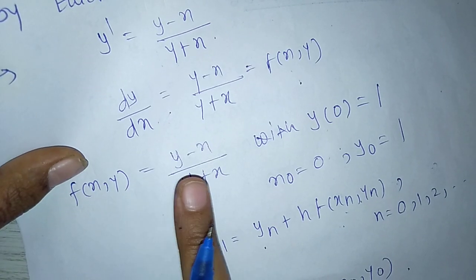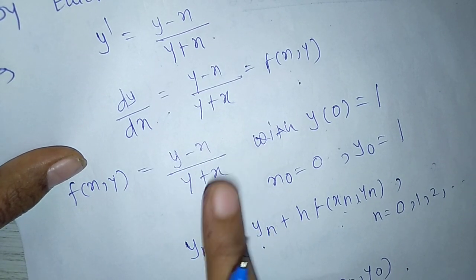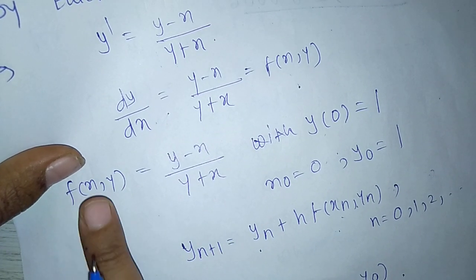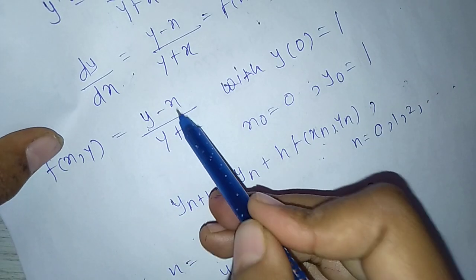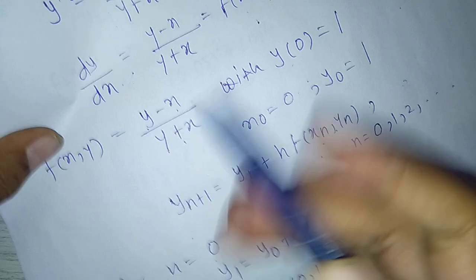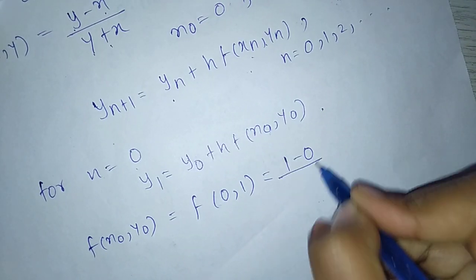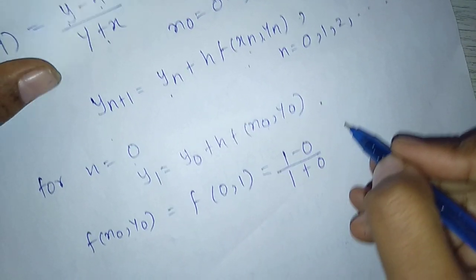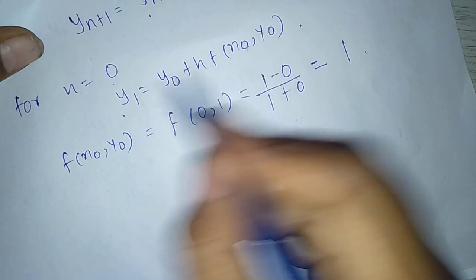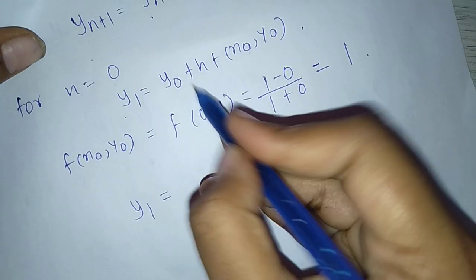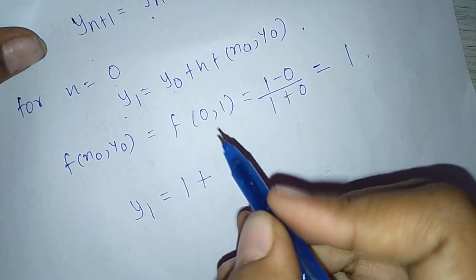And f of xy equal to y minus x upon y plus x. So f of 0, 1 is 1 minus 0 upon 1 plus 0 equal to 1.